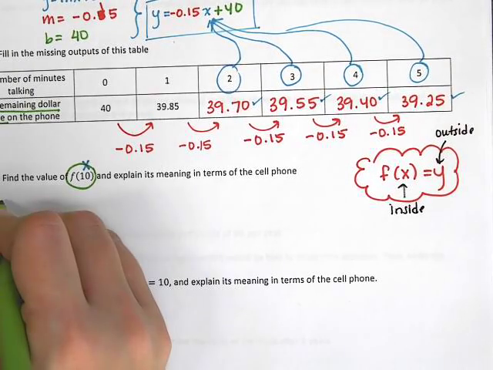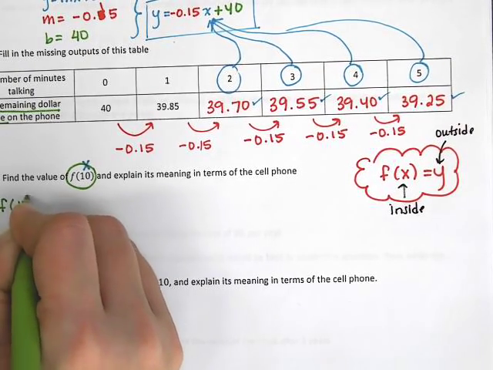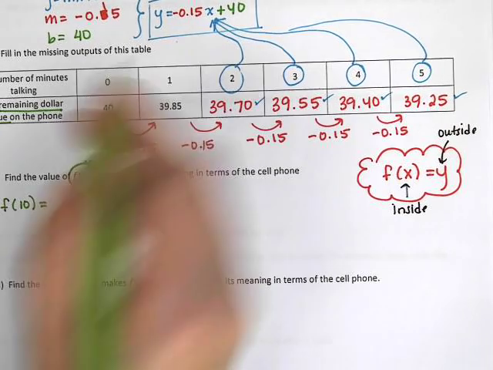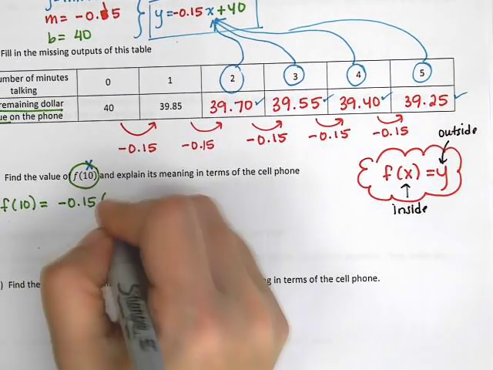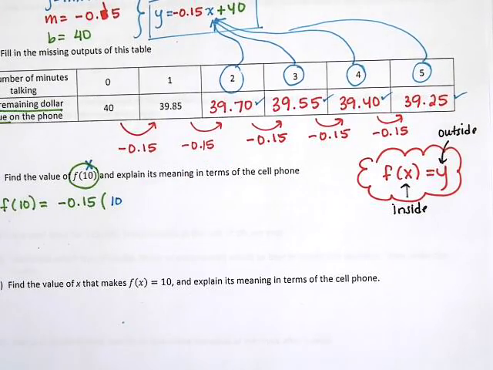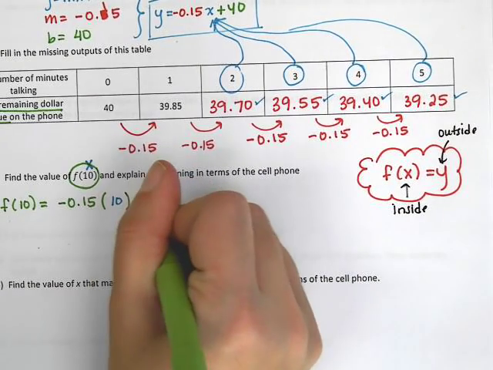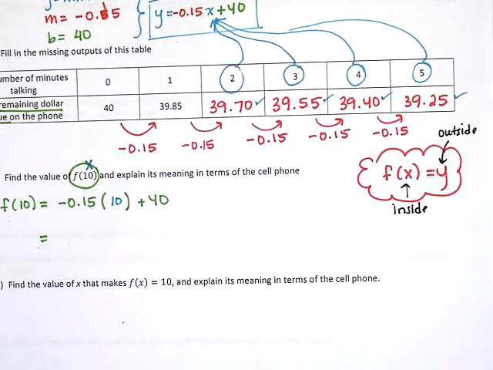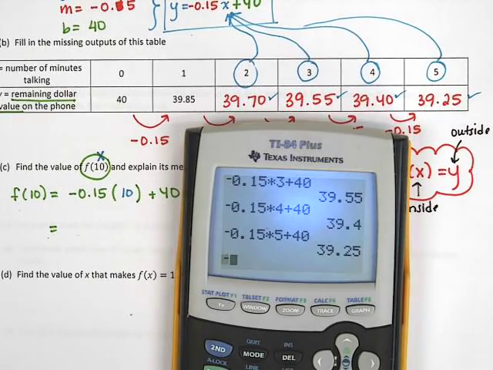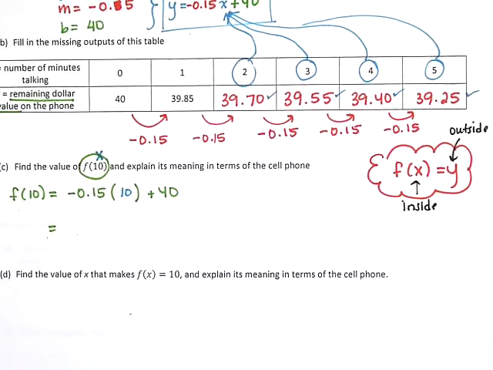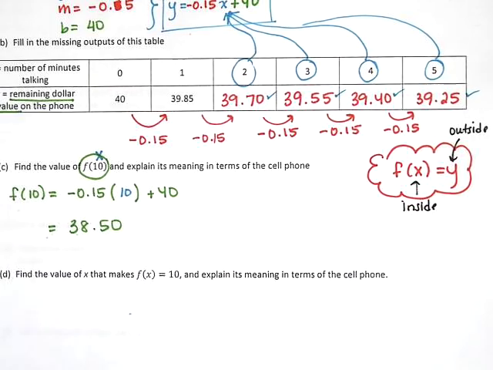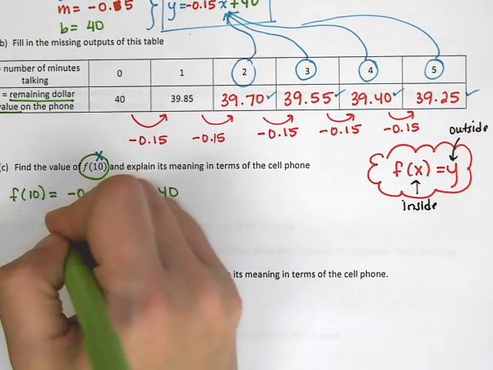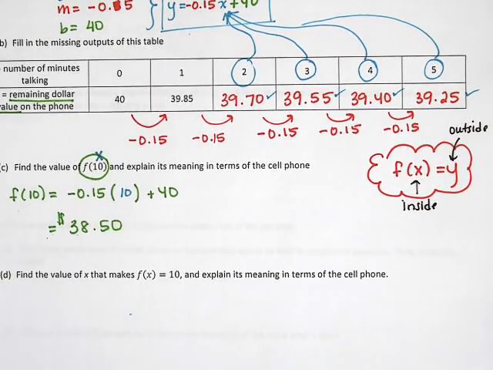What that means is that f of 10 equals, now we take our equation, negative 0.15 times that x value, which is 10, plus 40. If we type that in on our calculator, we would have negative 0.15 times 10 plus 40, which is 38.5. Now we just calculated the remaining dollar value, so the label here on this answer would be the dollar sign.